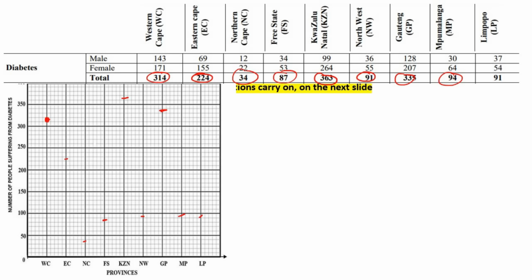Ideally you would have a ruler. I don't have a ruler on the screen right now, but I'm going to try to draw these lines as straight as possible. So we're going to go there, then down to there, but it must be a straight line, not a curve. Something like that, up to there, then up to the next one, like that. But remember, these are with a ruler, hey?